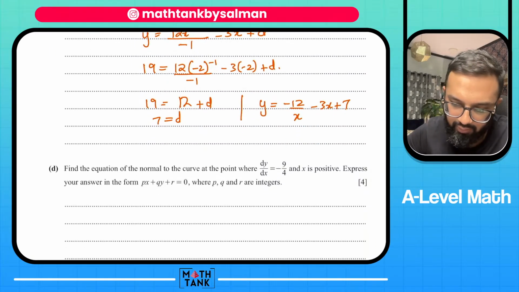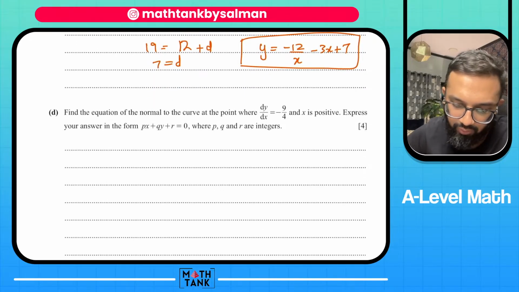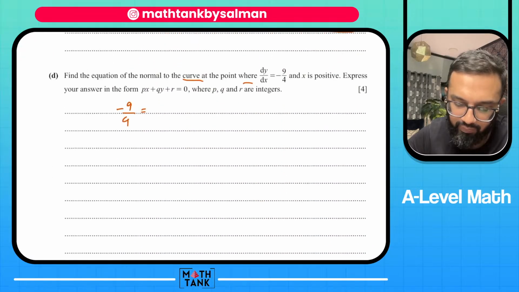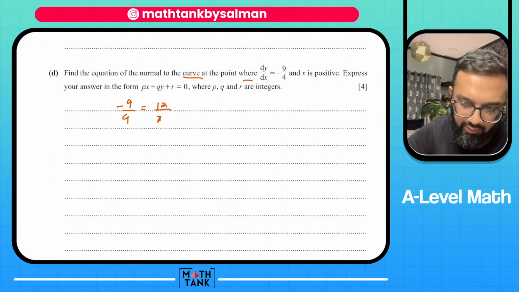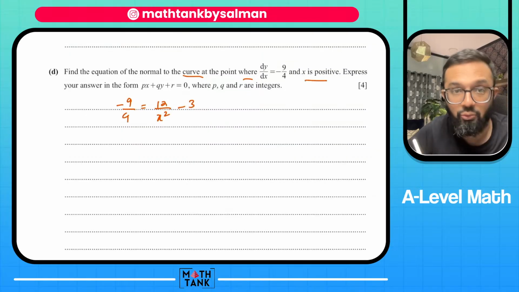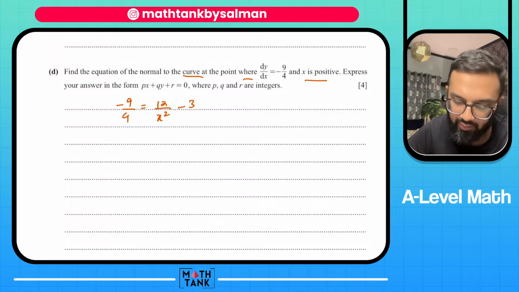That says find the equation of the normal to the curve at the point where dy by dx equals minus 9 over 4. So minus 9 over 4. What was dy by dx? 12 over x squared minus 3. So I'm going to first figure out what x is and then go back and plug it into dy by dx. I have dy by dx in fact, so I'm going to just convert it into a normal then.